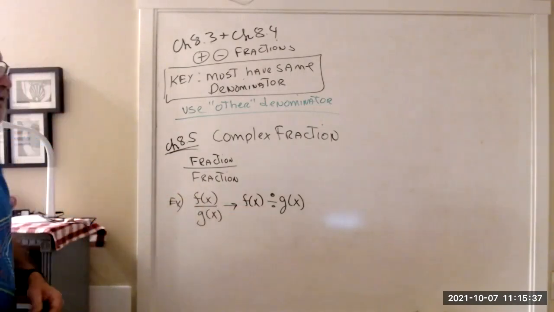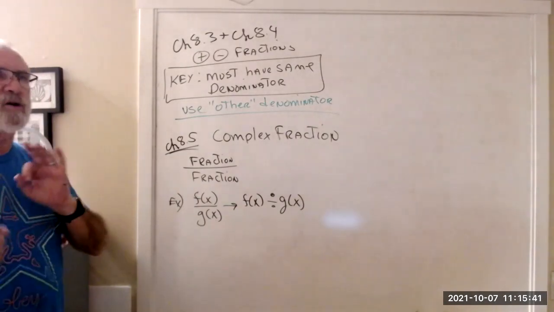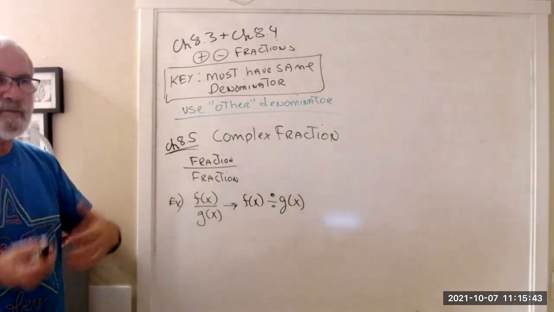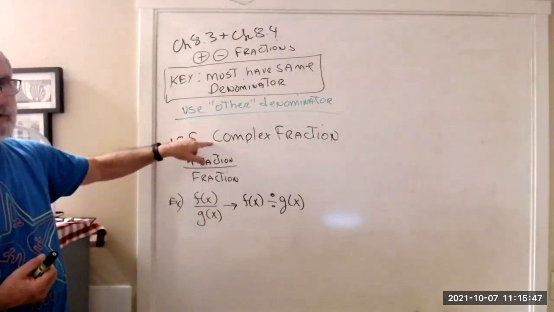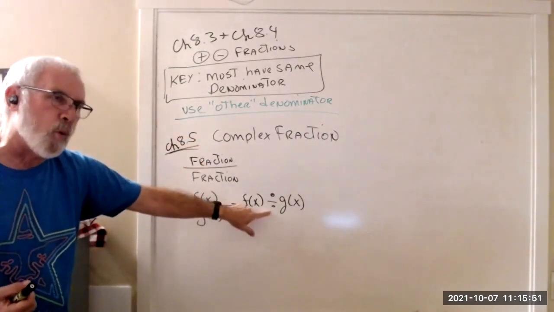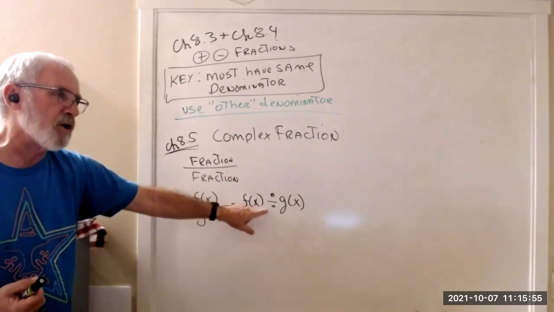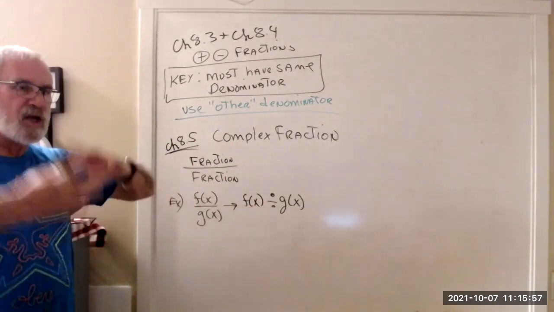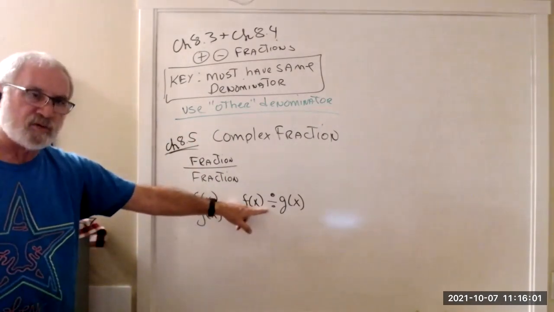Now, it's going to turn out that there are several different methods to use to simplify complex fractions. This is one of the methods, where you just simply take the problem apart and write it as a division symbol.